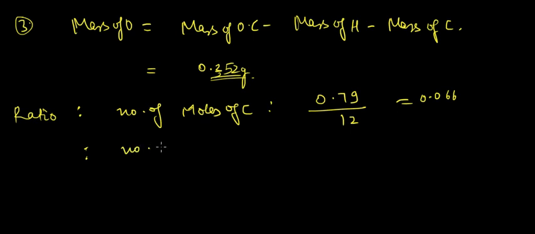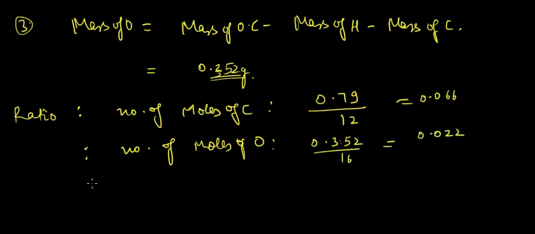Next, number of moles of oxygen present would be 0.352, which we just calculated, over 16, which will come out to be 0.022, and number of moles of hydrogen would be 0.176 over the molar mass of H2, 2, which would come out to be 0.088.